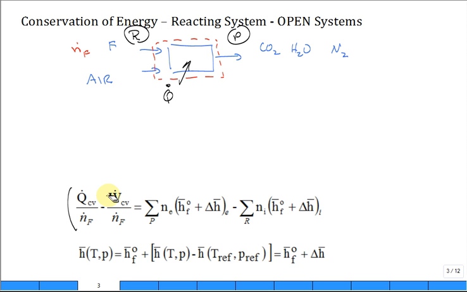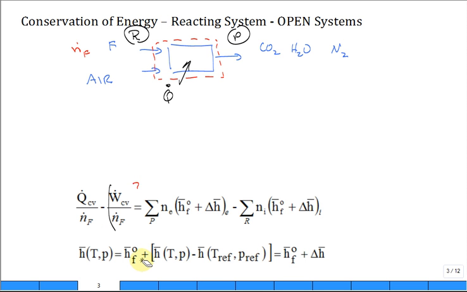Then you also have any shaft work out. In all the problems I've seen, this is 0. But in general, you could have some work power out, right? But I'm trying to remember if there's any problems where it's not 0. But a high percentage, if not all the time, that term is 0.